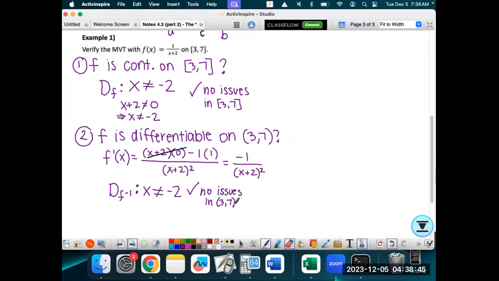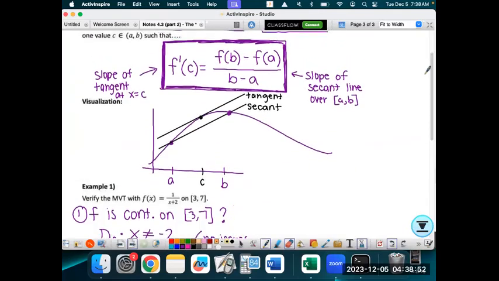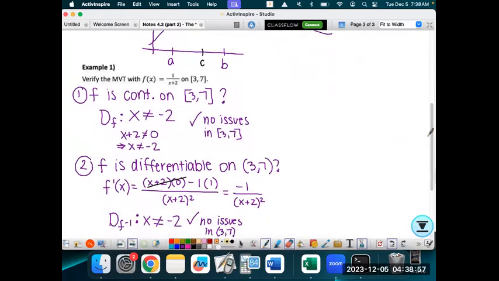Let's go ahead and verify the mean value theorem. So we are going to see what x value is going to give us the slope of our secant line. We're going to figure out where f prime of x equals f of 7 minus f of 3 over 7 minus 3.